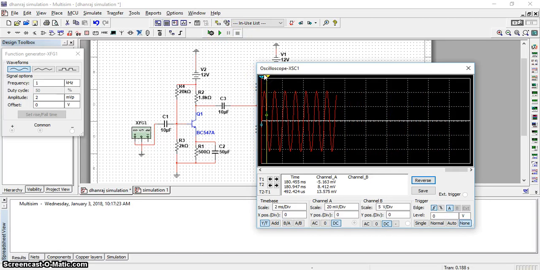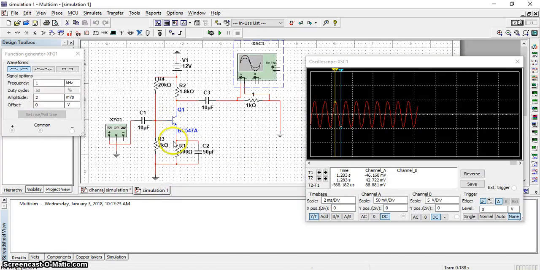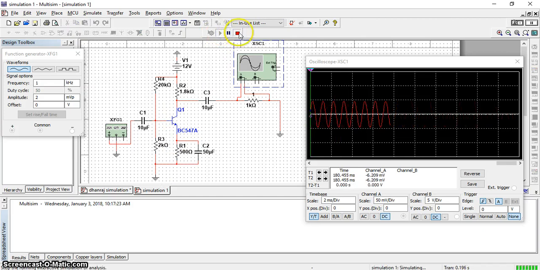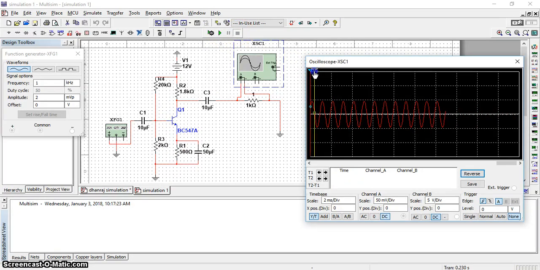We will show that the output voltage is 18 milliwatt. When in the amplifier circuit, we get only 88 milliwatt peak to peak.